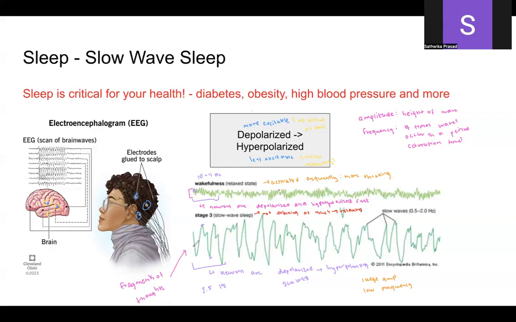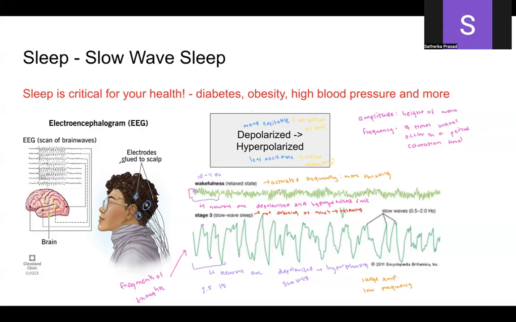You're doing very slow thinking. Your brain isn't working at its full capacity because its goal is to just relax in this state. It's not to do full-blown thinking like you're doing in wakefulness or even in REM sleep, which is going to be in the next video, which means that you're only going to remember bits and pieces of your dream, not full-blown vivid dreams like nightmares or something like that.